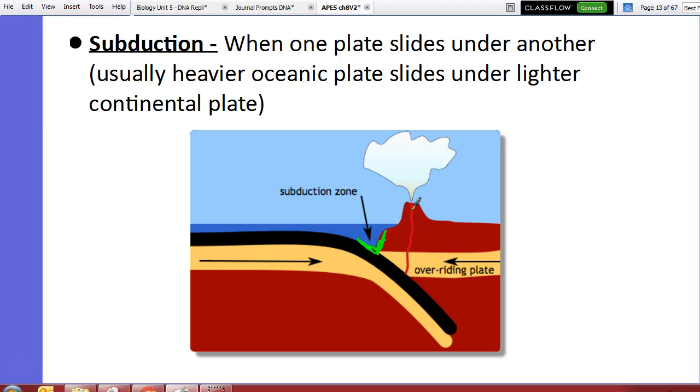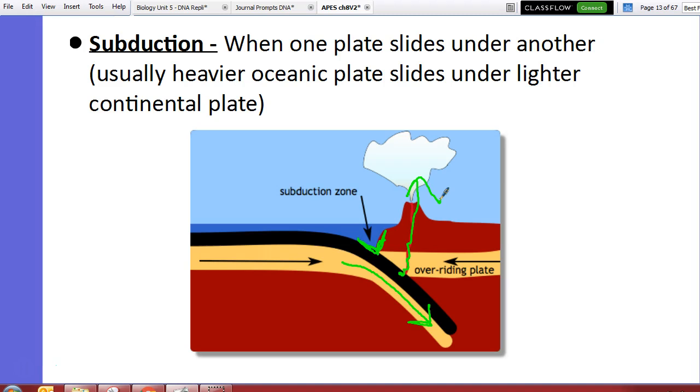You see this little trench, and then we get a volcano, okay? The reason we get a volcano is because when this plate goes underneath, it gets heated up, and when it gets heated up, it turns into magma, and then that magma rises up into that volcano, and then the volcano erupts. So this is how we get volcanoes.